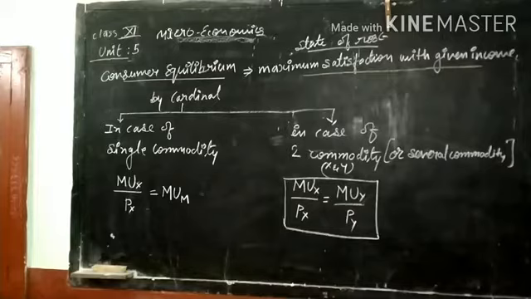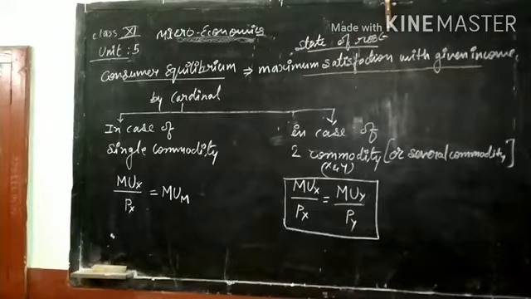What is marginal utility of money? It is the rupee worth of satisfaction. Marginal utility of money is equal to the satisfaction a consumer gets on paying one unit of money, and that is equal to price.